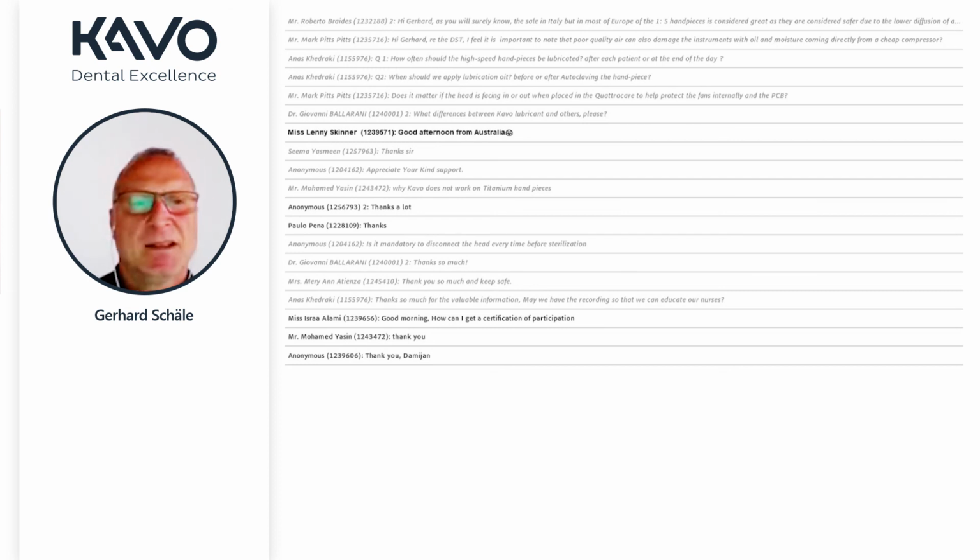Okay, so what differences between KaVo lubricants and others? Good question. Of course, we are testing others as well. The differences are that we are checking the oil for our behaviors, and we don't do laboratory tests for other ones.